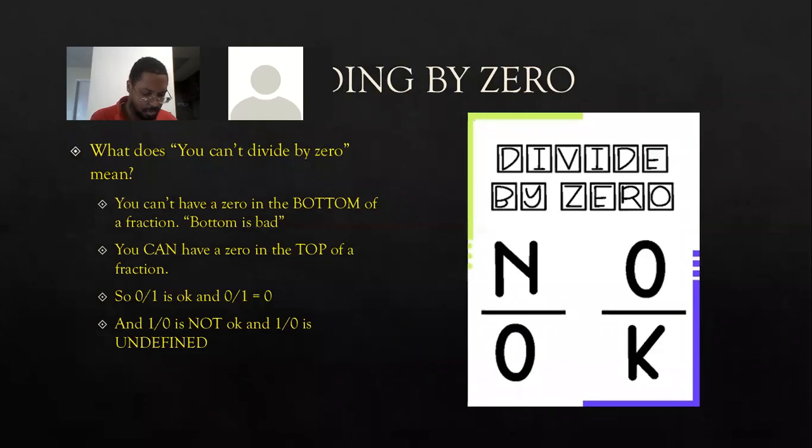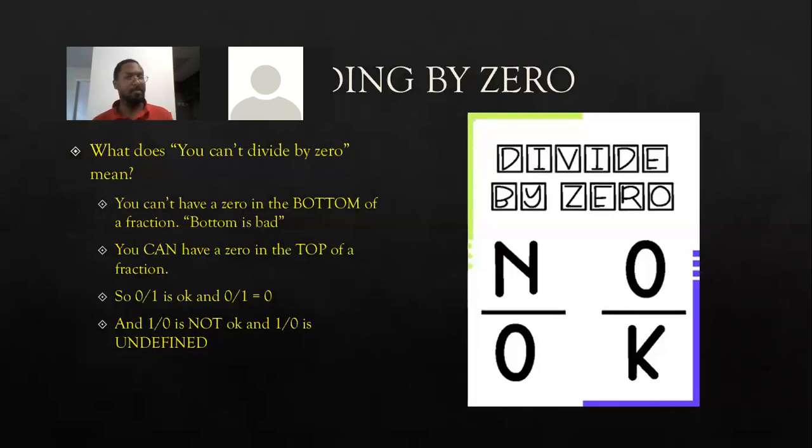Let me see. My phone won't do it either. When I put 1 divided by 0 in my phone, it says can't divide by 0. If you put it in a TI-83 or TI-84, it'll say error. Your calculator will tell you you can't divide by 0. You cannot have 0 on the bottom of a fraction.